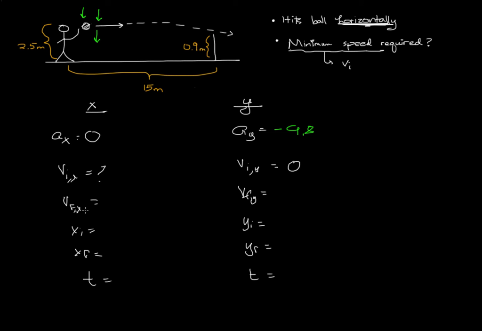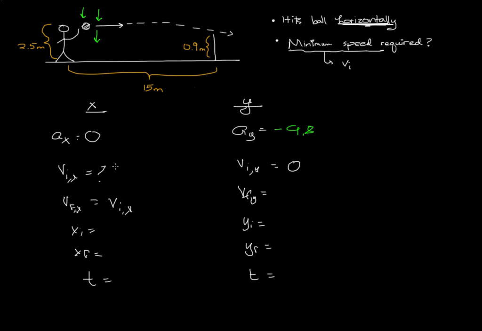All right, what is the v final in the x direction? So we don't know what it is necessarily, but we know that since there's 0 acceleration and we are starting at some velocity which is unknown, the final velocity in the x is still going to be the same as the initial velocity in the x direction, right?